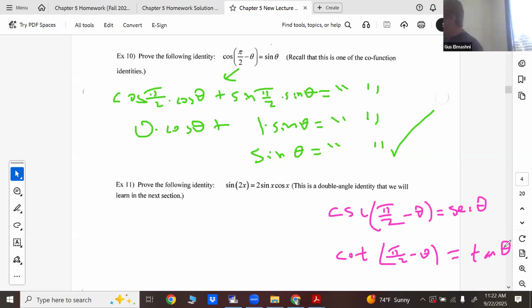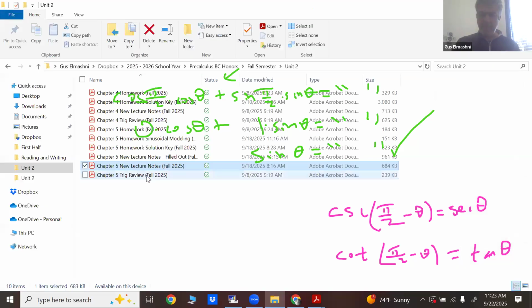By the way, I could also swap these. I put tangent here and cotangent here, secant here, cosecant here, and likewise sine here, cosine here. It works. And I think this is listed under the trig review, but I don't think that was really reviewed because I don't think Mr. Band did this with you guys.